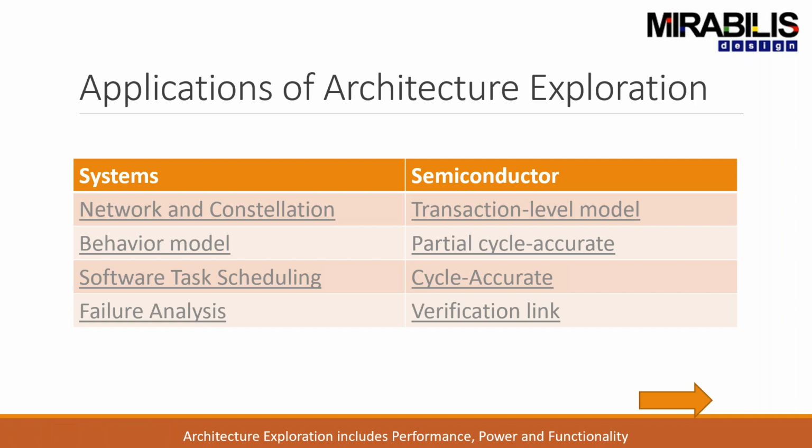While on the semiconductor side, I might say I want to look at the memory access as being the most important thing. So my reads and writes are critical. So depending on what attributes are important for your design, the construction of your model, the type of analysis, and the parameters that you would vary will all go hand in hand.